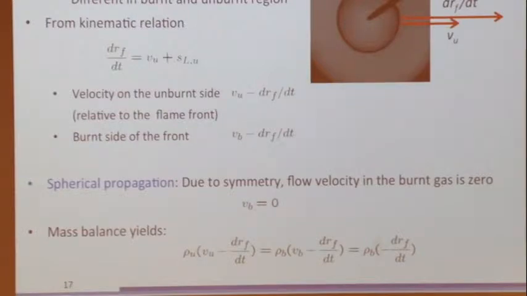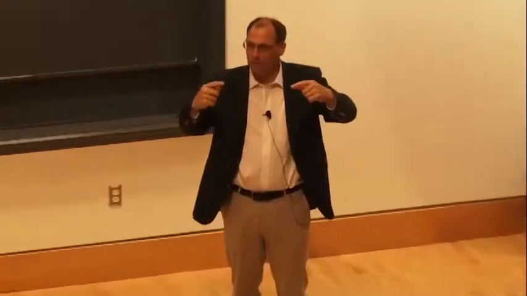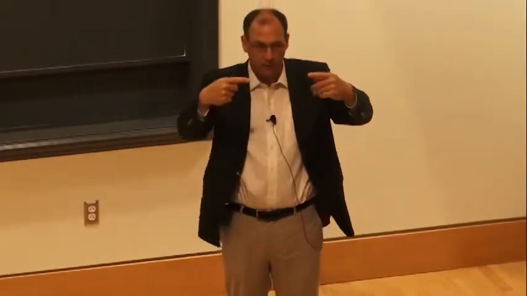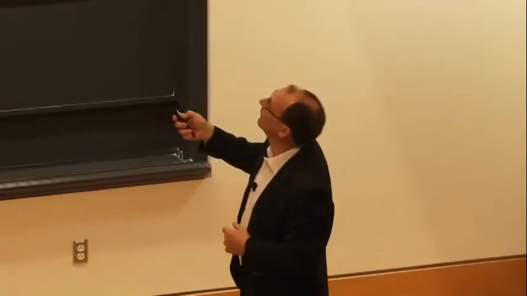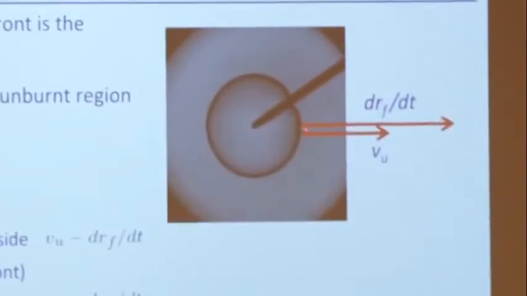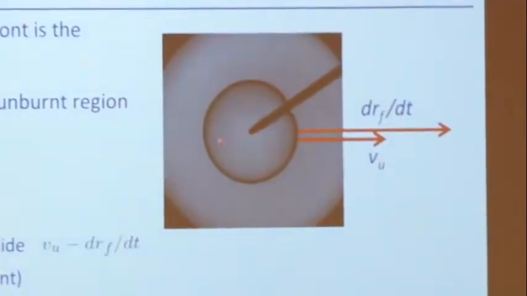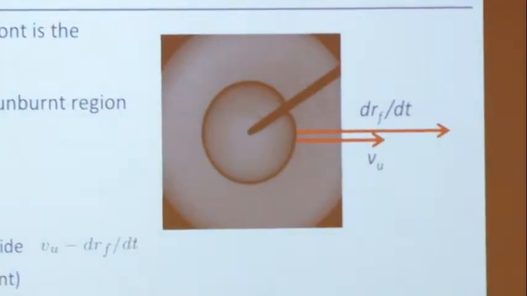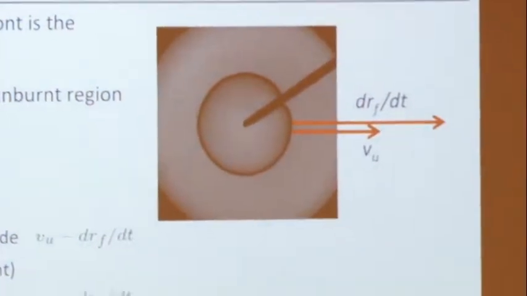And what's interesting in this particular setup is that you spark it in the center, and because it's symmetric, the flame moves out. Now it's not the burnt gas that accelerates, because on this side the burnt gas wants to accelerate to the left, and on this side it wants to accelerate to the right. Because it's symmetric, the velocity in the burnt is zero.